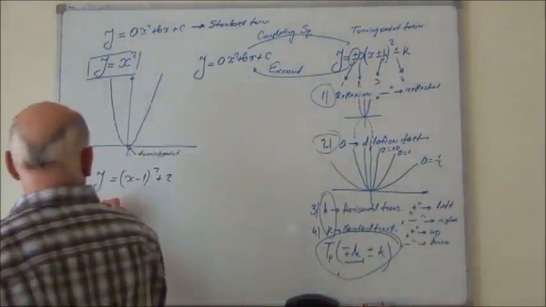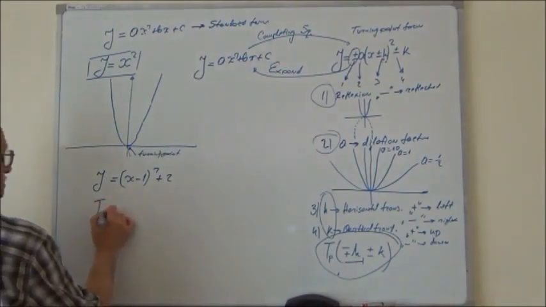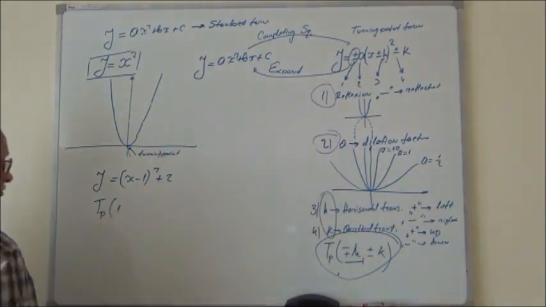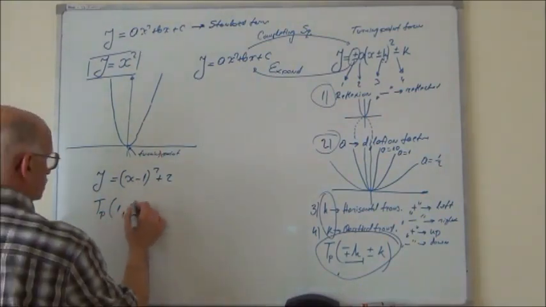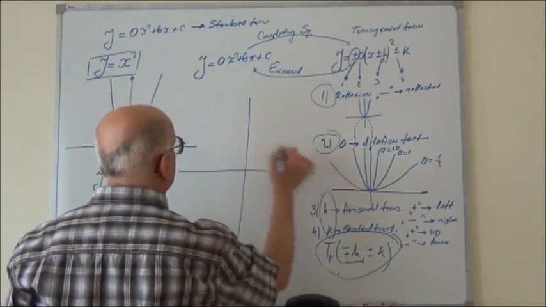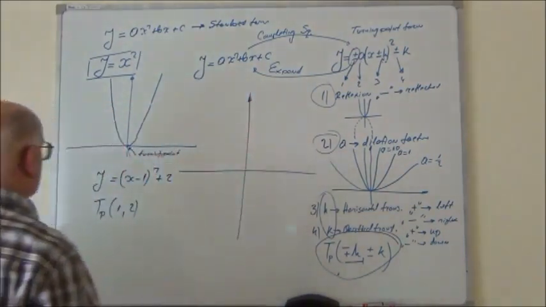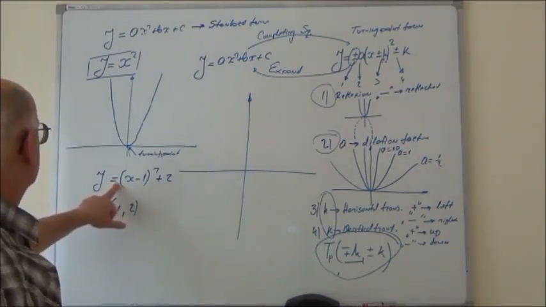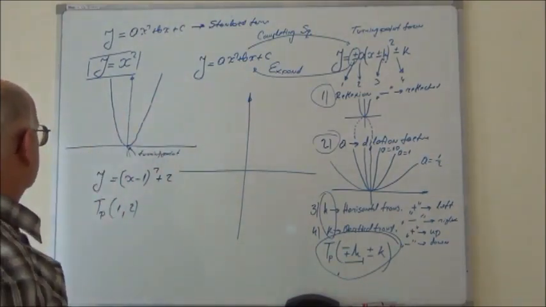And the coordinates of our turning point for this graph: here it is -1, but the coordinate will be +1 and +2. And no reflection. So again, parabola like this.